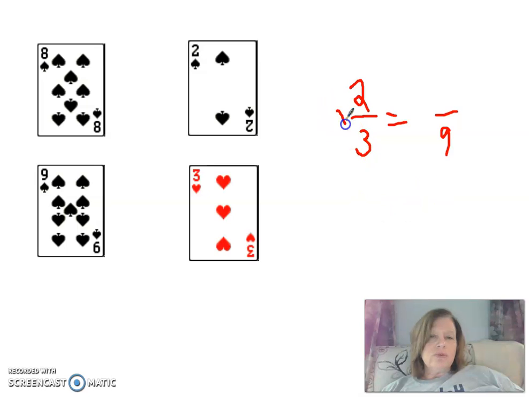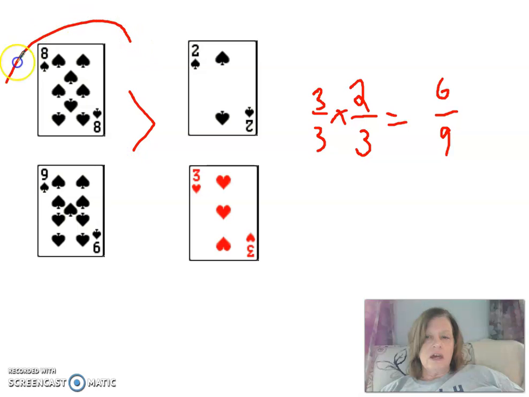What fraction equal to 1 do I need to multiply by? That would be 3/3. Since 3/3 times 2/3 is equal to 6/9, I know 6/9 is less than 8/9, so this time the winner is the person with this hand.